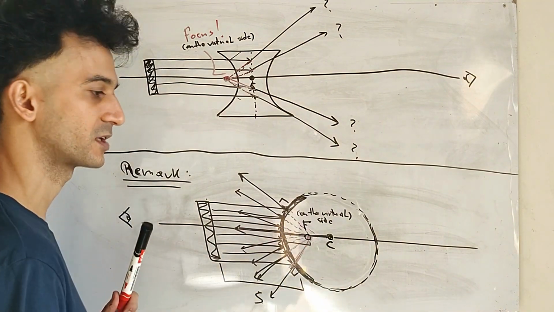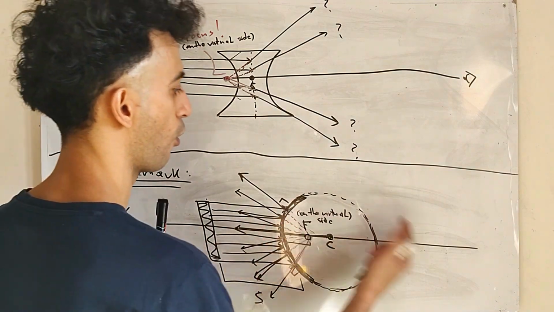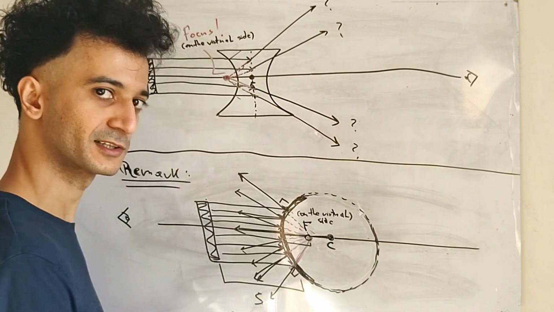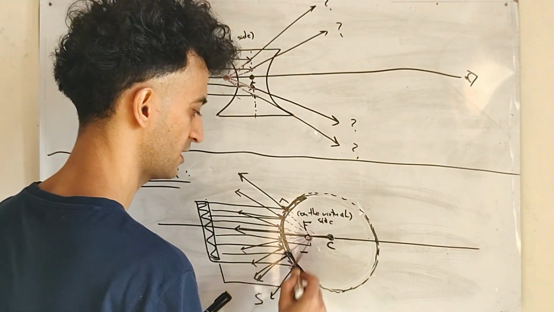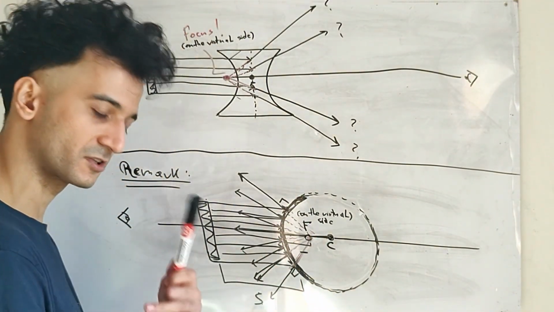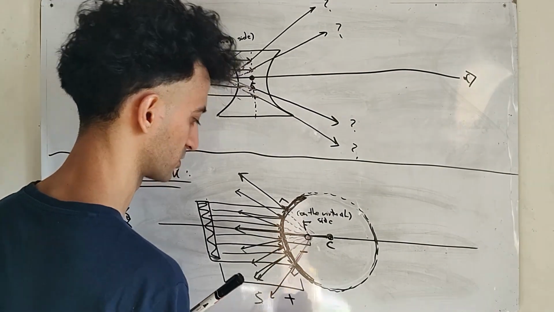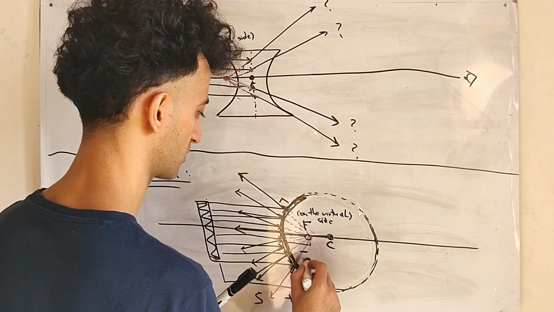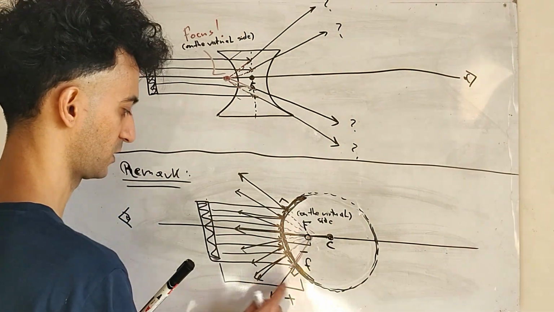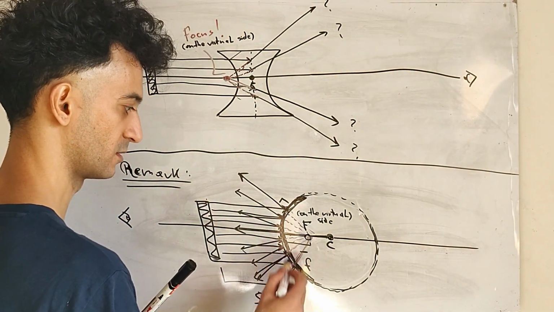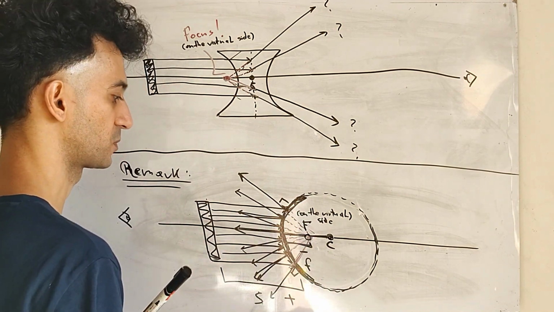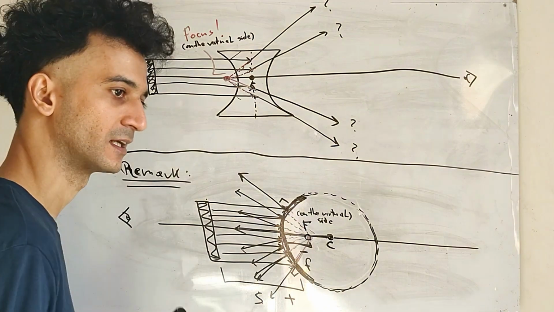But we will have to assign proper signs to those distances, where all the virtual distancings will be assigned the negative sign, and all the real distancings will be assigned positive sign. Okay? So we'll call the distance to the focus small f. We'll call the distance between the object and the glass surface s. And we'll call the distance between the glass surface and the image created s prime.